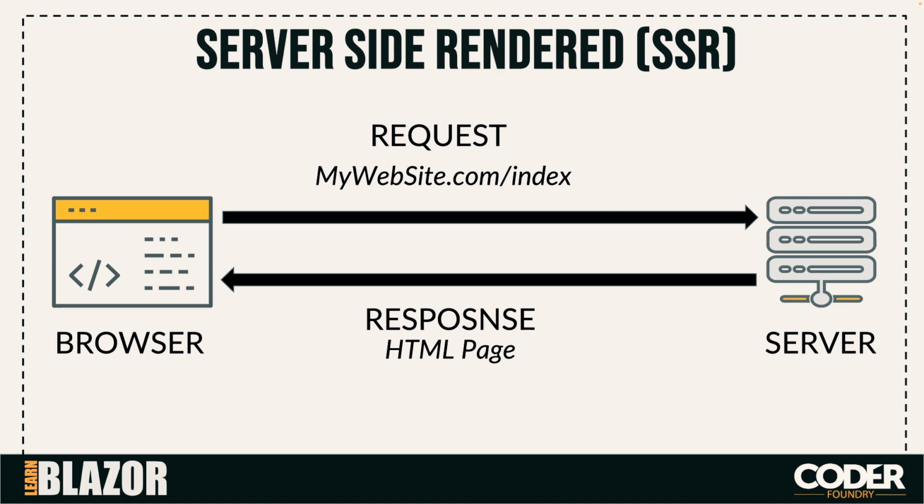So we get the same benefit of a really fast server response. We get a full static page rendered, which means our security and everything runs on the server and we just resend results back. And this is really quick. But we can also use components to build our page. And that's a game changer for Blazor.